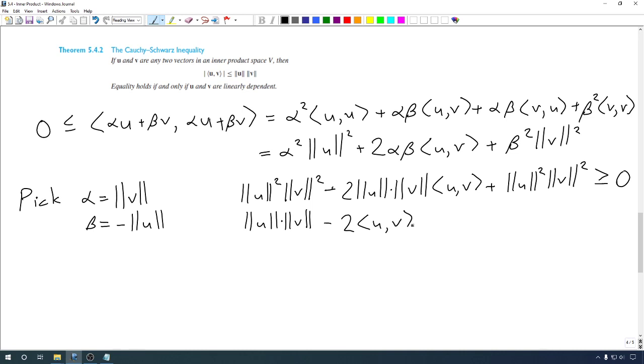Now, I'm assuming here that neither u nor v is 0. If either of those is 0, then we can't actually divide by the norm of u or v. But in that case, both sides of this inequality are going to be 0 anyways. So I'm excluding that case.